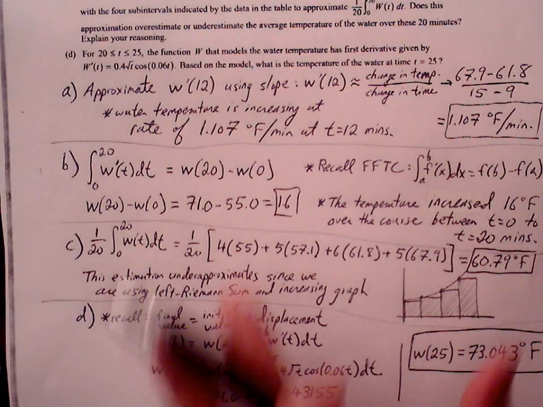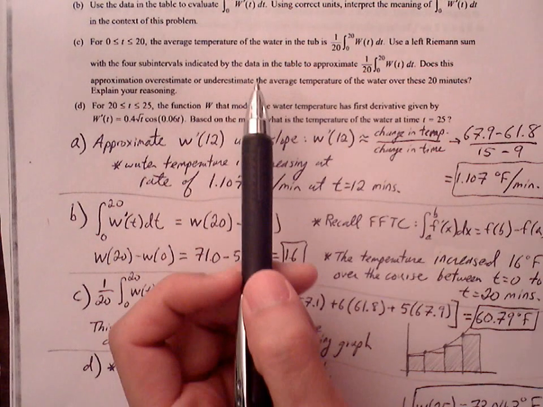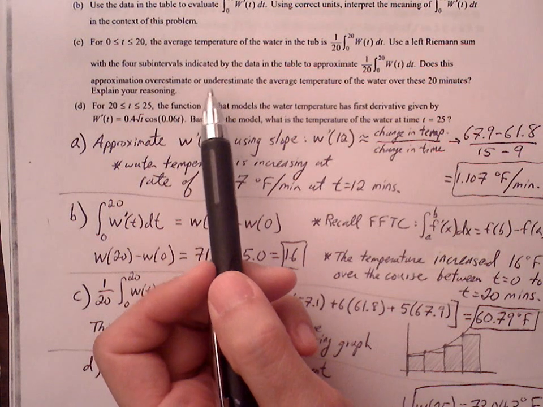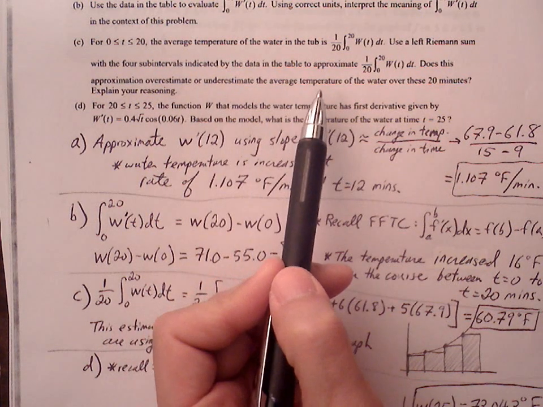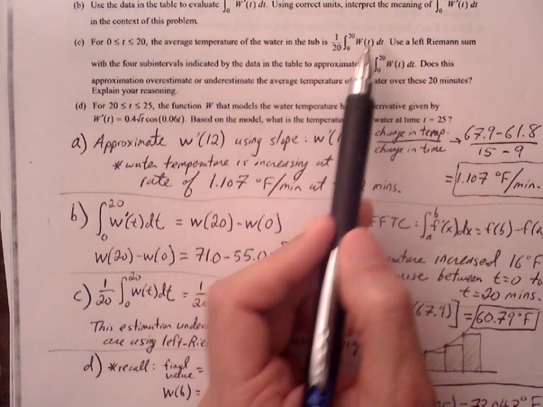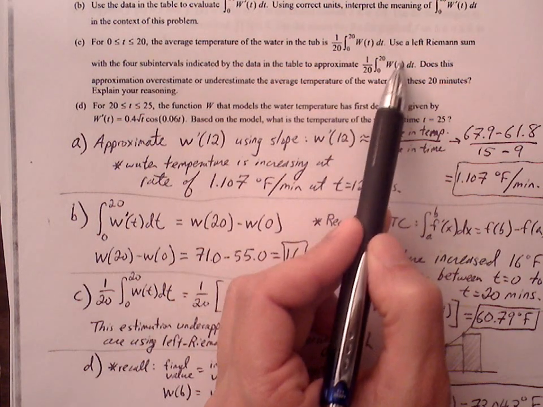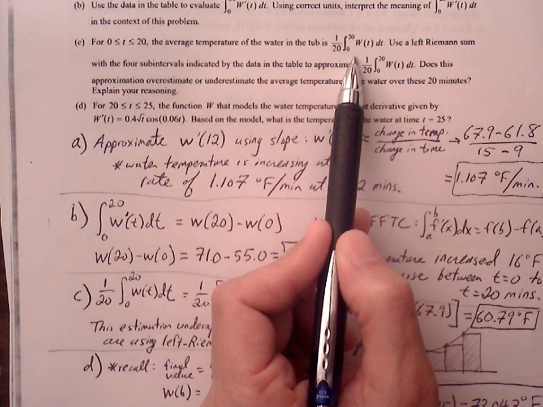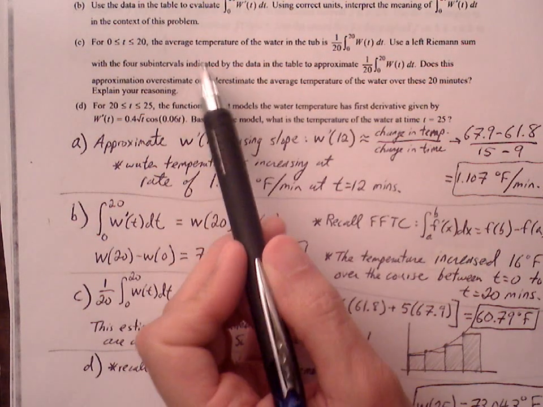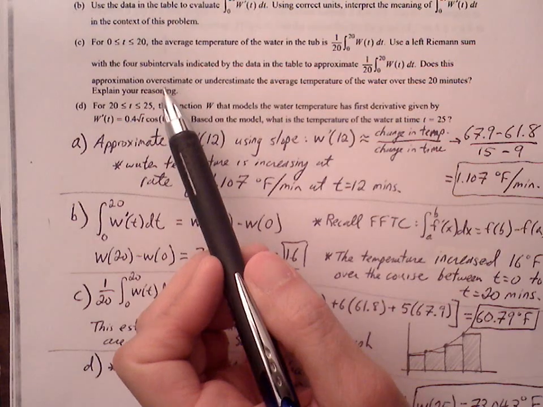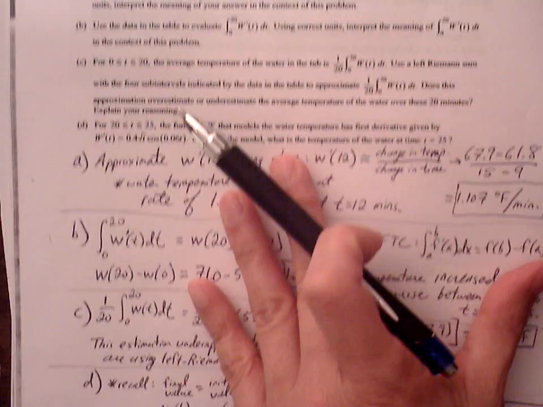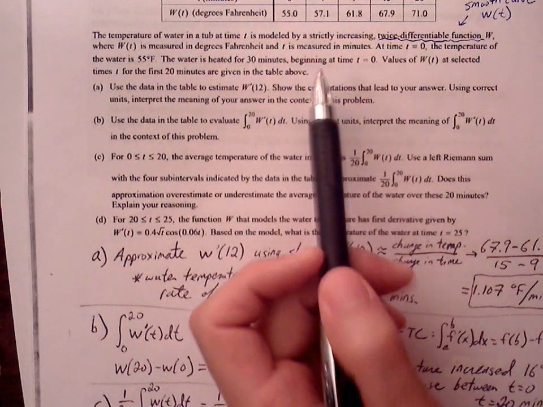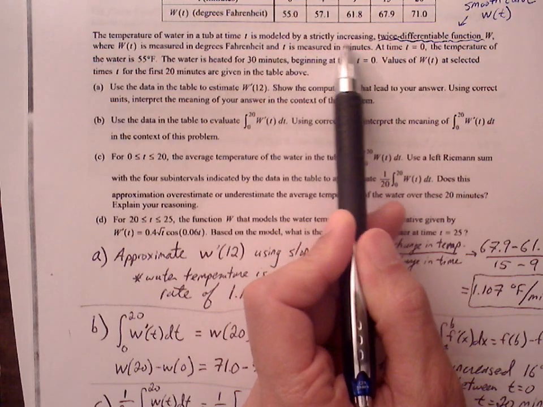So the next part: is this an over approximation or under approximation of the actual average temperature? Remember, what we're doing here is just an approximation, right? This is not the actual average temperature. Well, what they tell us is that this function is strictly increasing, right? So the graph is always rising.